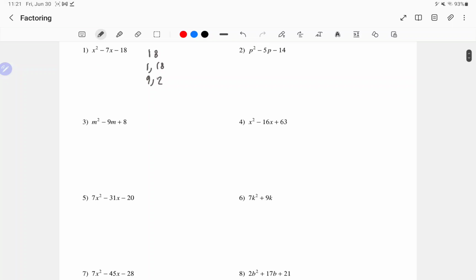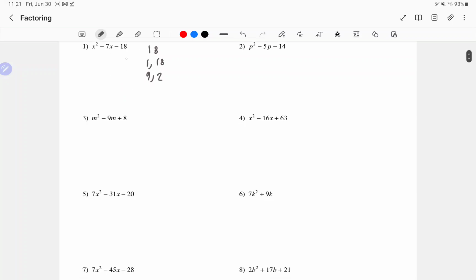You want to find a product that multiplies into this. So let's try it. Let's set this up first. Let's do x squared plus 2x minus 9x minus 18.